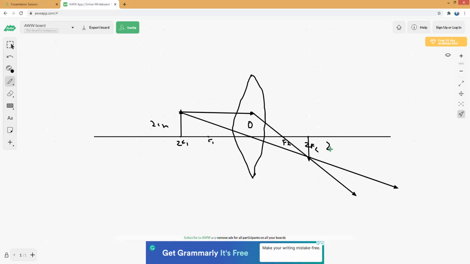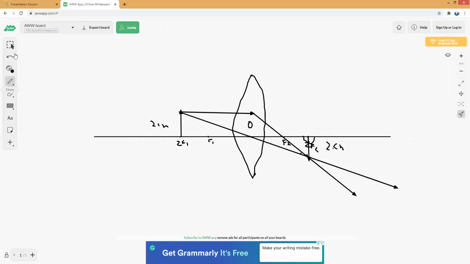It can't be 2.5, it can't be 1.5, it has to be 2 centimeters, and it should touch the point of intersection. Now suppose it intersected over here. You don't try to join it like this. It's much better to try again, because you're not going to get the mark. It has to touch the point of intersection at 2f2, and it has to be straight, making 90 degrees with the principal axis.